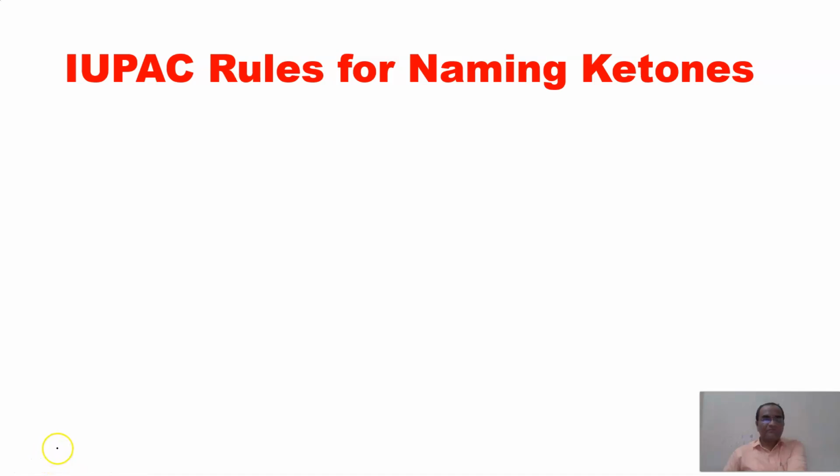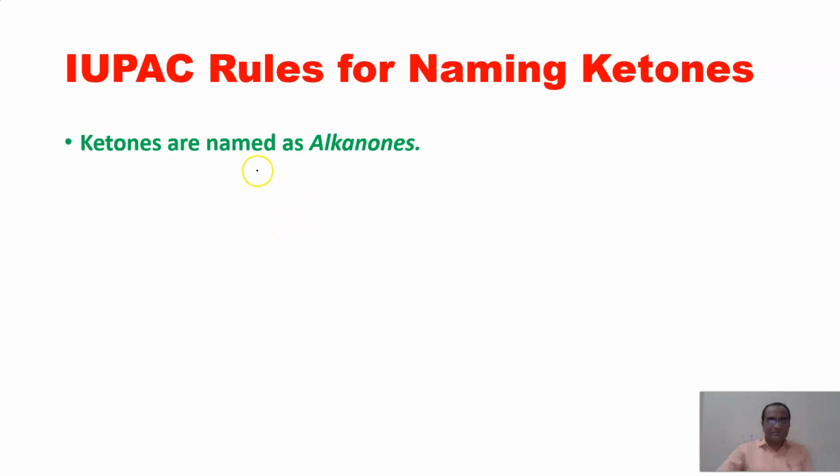Now we will see IUPAC rules for naming of ketones. Ketones are named as alkanones. We will see one of the famous examples, or the smallest example from this class, that is CH3, C double bond O, CH3. So ketones cannot be smaller than this.